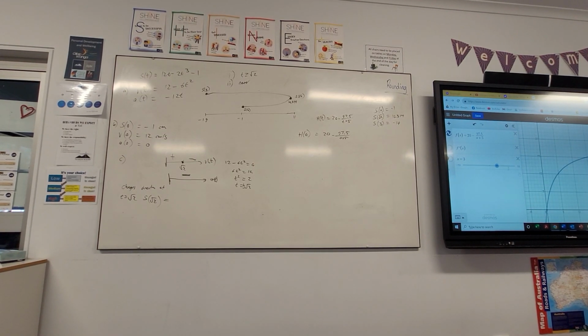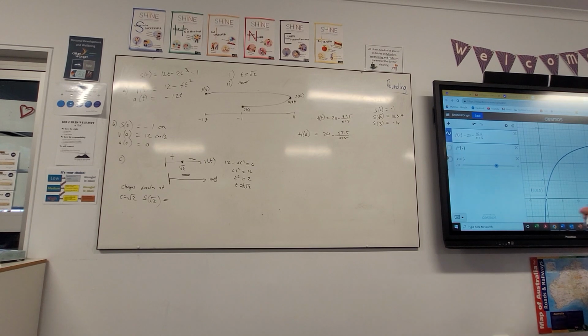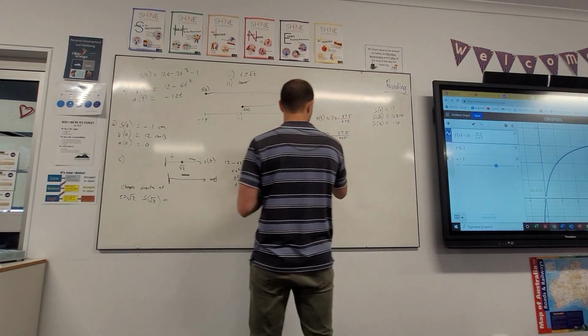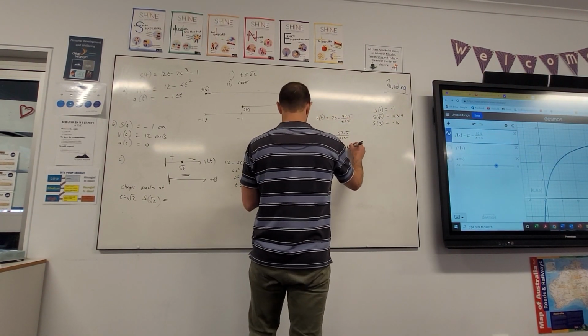Okay, now we want to know when x is 0, the y-intercept, 0.5. So h of 0 is 0.5 metres tall.